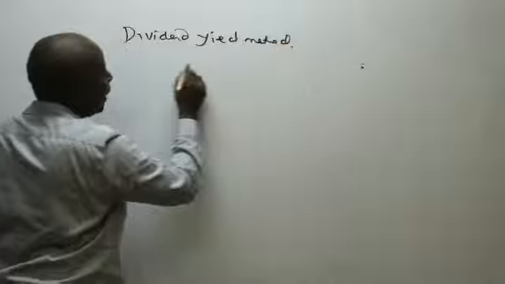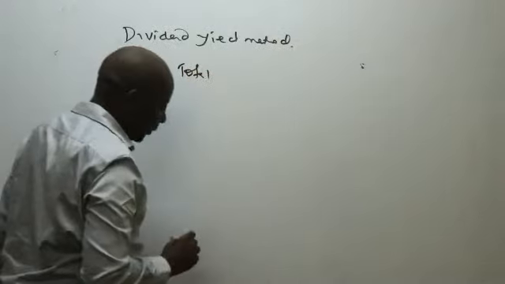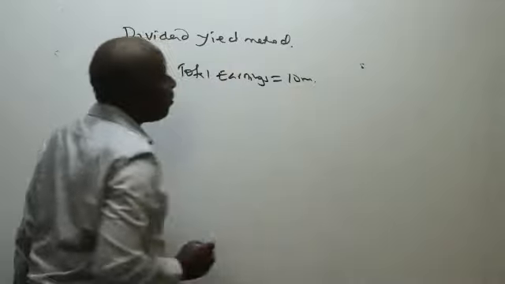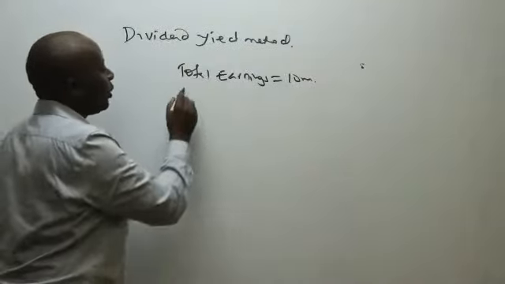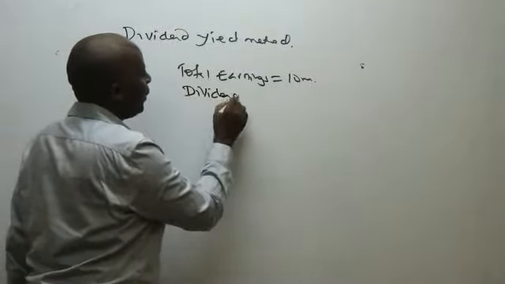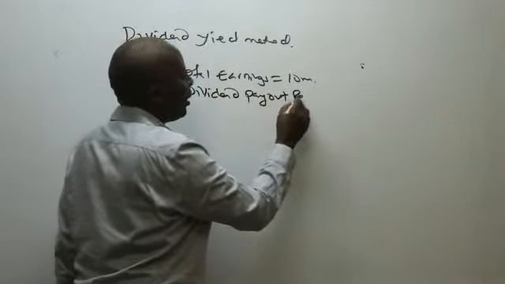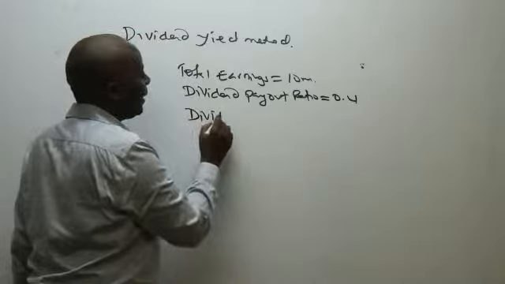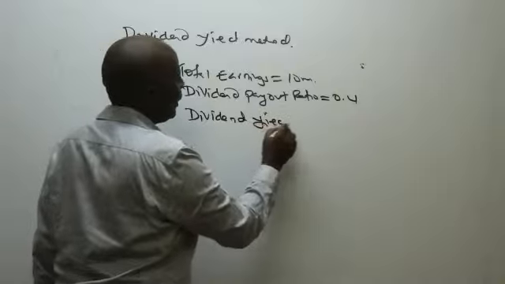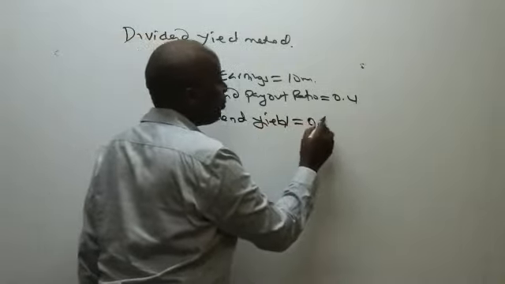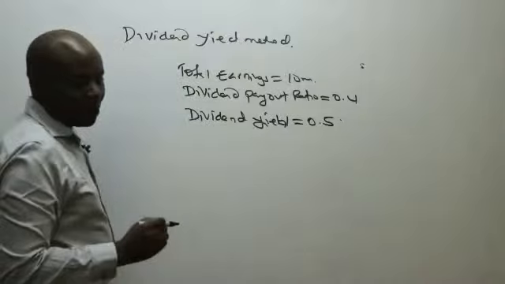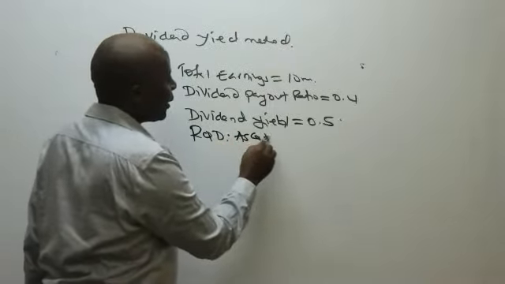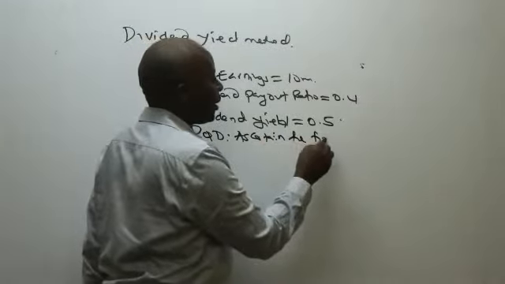They'll give you total earnings of 10 million, then the dividend payout ratio of 0.4, and then they'll give you a dividend yield of 0.5. So then you are required to ascertain the firm value.